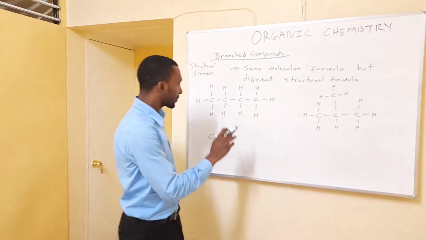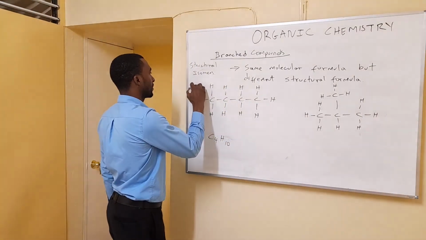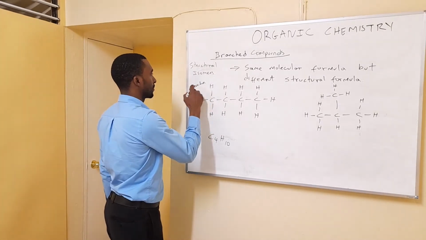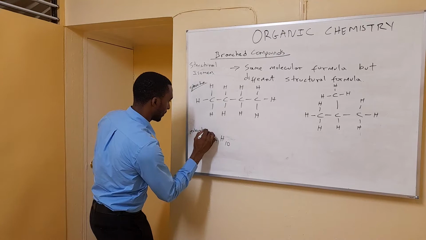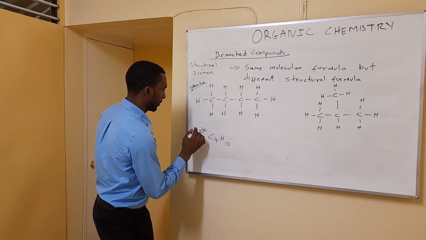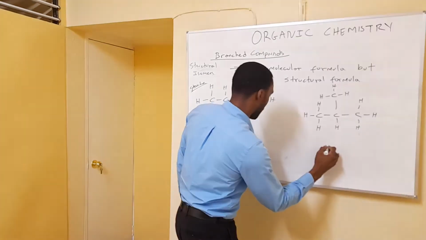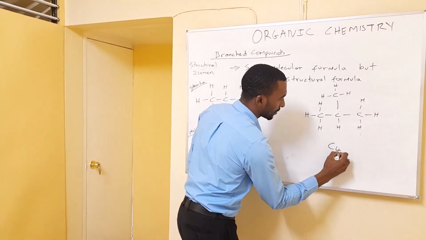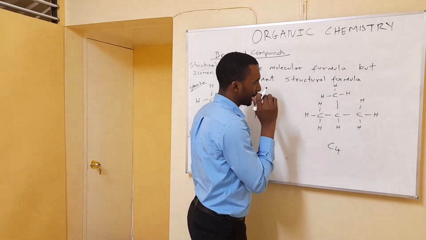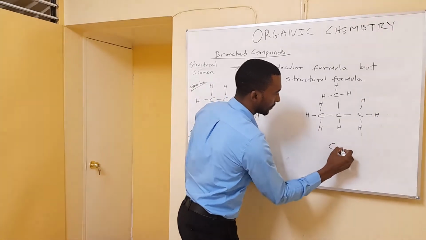Alright? Now, if you can see, what's the molecular formula for this? This is structure, molecule. What's the molecular formula here? 1, 2, 3, 4 carbon atoms, right? How many hydrogen atoms? 1, 2, 3, 4, 5, 6, 7, 8, 9, 10.